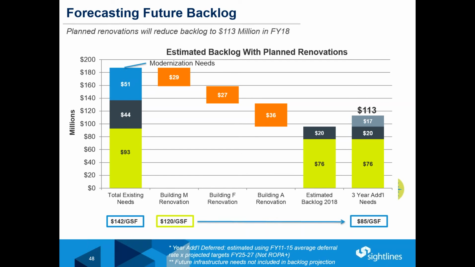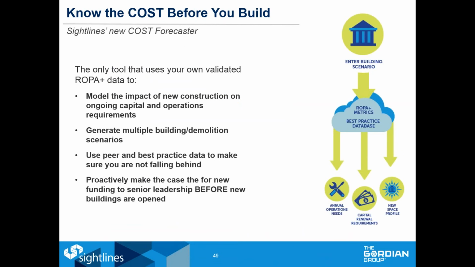Another piece of our predictive analytics is new. It's what's called the Cost Forecaster. Once we have all of your capital and operating information on our member website, we give you the ability to actually model the impact of changes to your campus over time. If you have plans to add a new classroom facility, Cost Forecaster allows you to estimate the operating requirements and the capital needs for that space going forward.